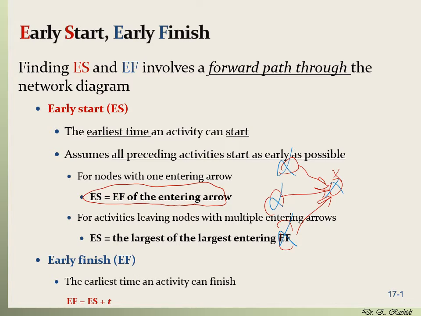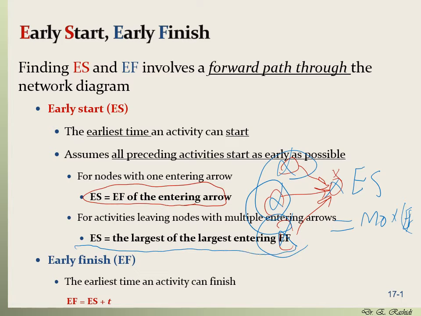So the earliest start is actually equal to the maximum, or the largest, early finish of these activities. So the earliest start is equal to the largest of the entering early finishes of the preceding activities.